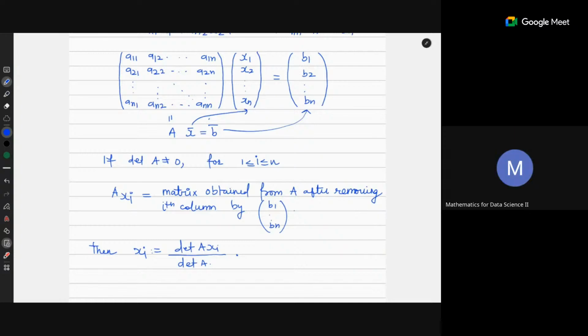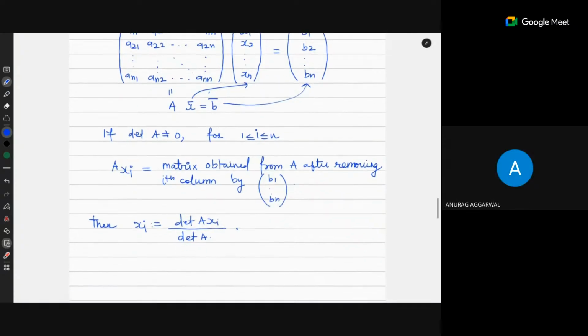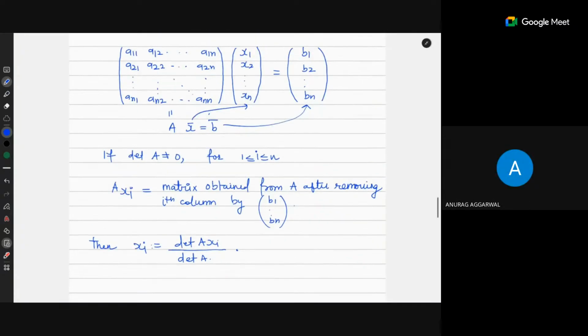Any other doubt? If not, then we can move ahead. How do we get the equation xi is equal to determinant of A xi upon determinant of A from the matrix equation Ax bar is equal to b bar? You want me to prove this? It is out of your syllabus, so I don't think we should discuss that. That is out of scope.